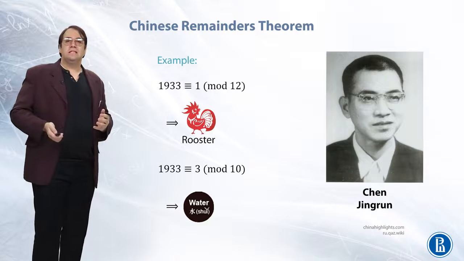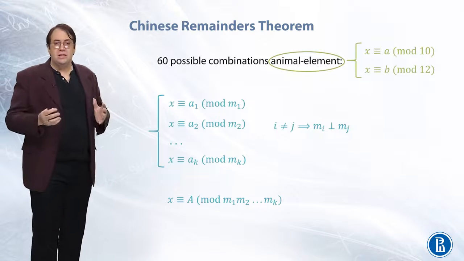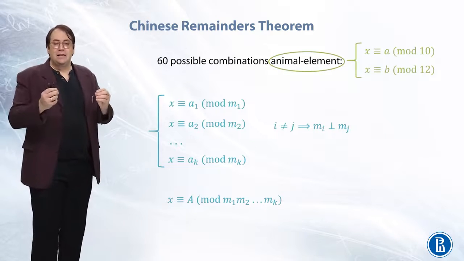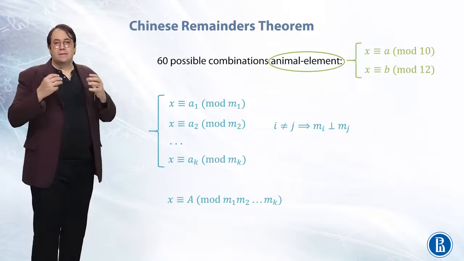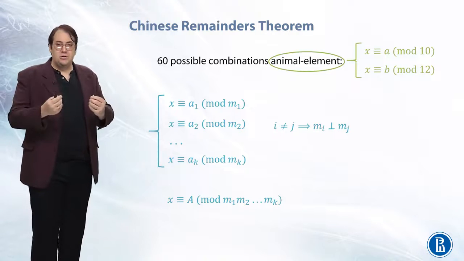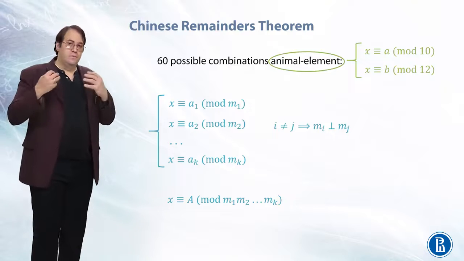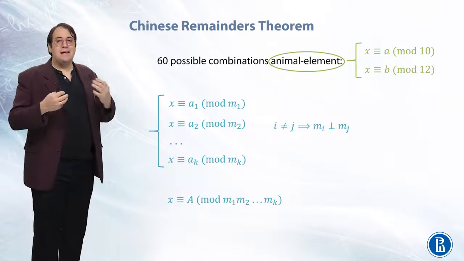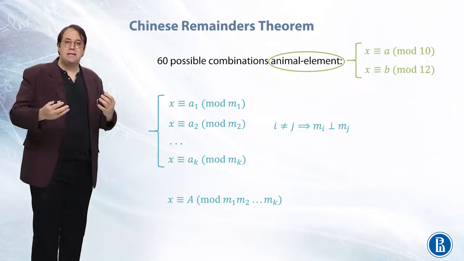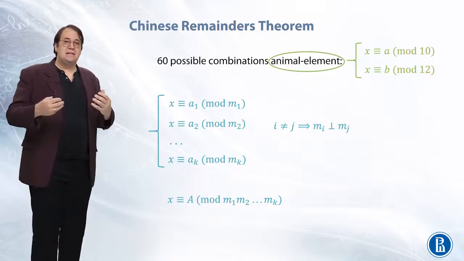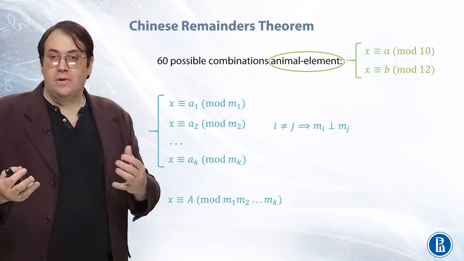Well, of course, 60 possible combinations of an animal and an element. And the combination for a certain year depends on the remainder of this year modulo 10, which defines the element, and the remainder of this year modulo 12, which defines the animal.